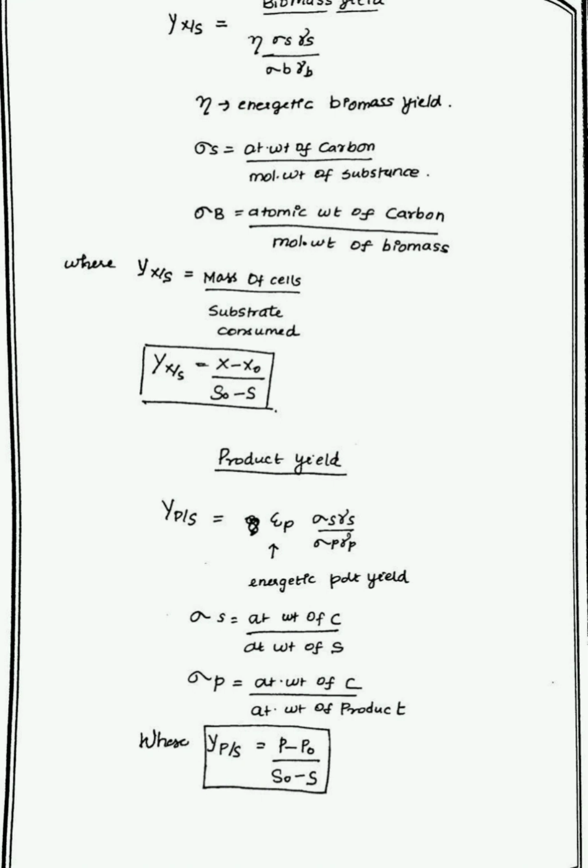One complication with the real culture is that some fraction of the substrate is always consumed for maintenance activities, like maintaining the membrane potential or internal pH, turnover of cellular components, and cell motility, etc.